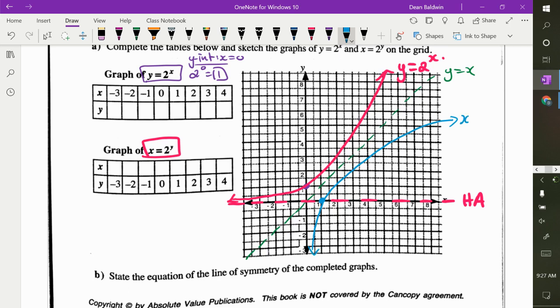And you get this. This blue graph, x is equal to 2 to the y, is actually the logarithmic function. That's the log graph. The log graph is the inverse of the exponential function. Okay?